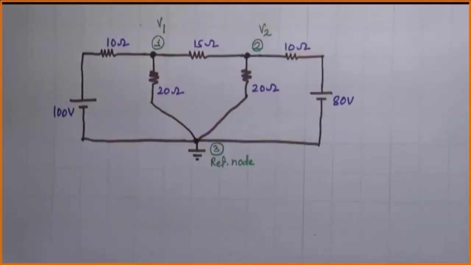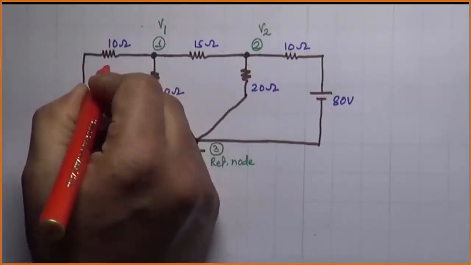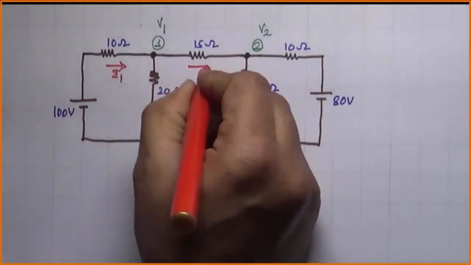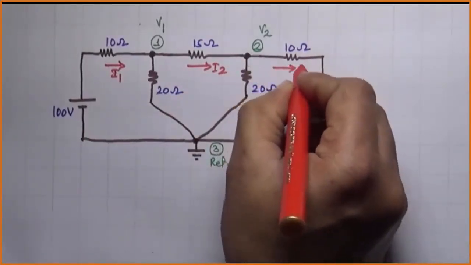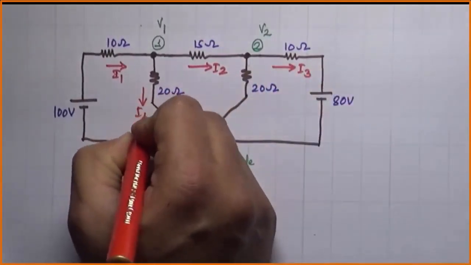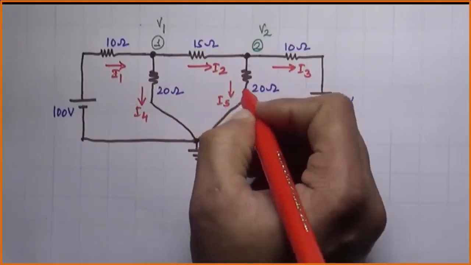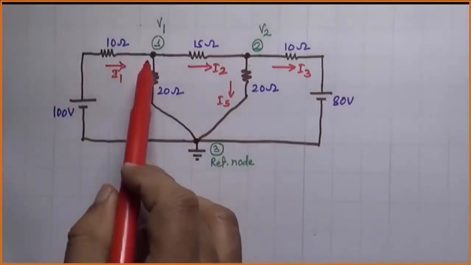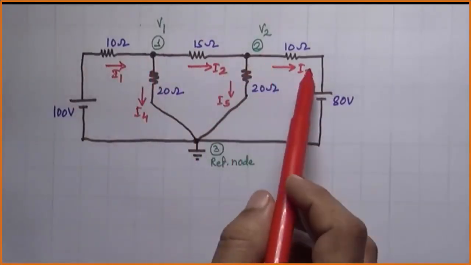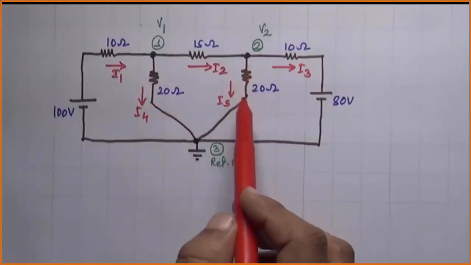Also, we will define unknown currents in the circuit. So this is my I1 current, I2, I3, I4 and I5.